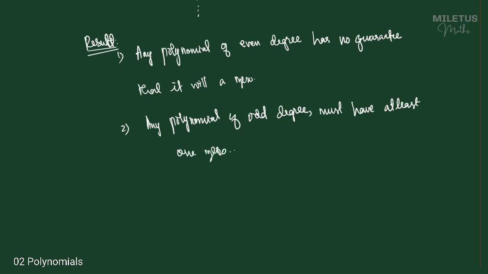Okay, that's the idea. In fact, I would also write this as a real zero. In other words, I'm talking about a real number which is also a zero of the polynomial.